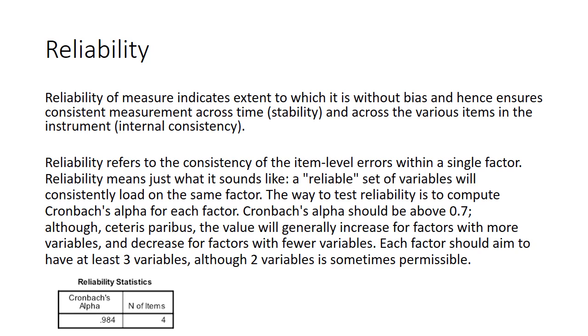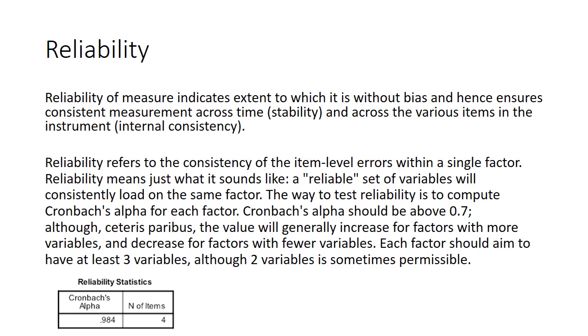When you decrease the items, for example, you have only 4 items, you have 0.984. When you have 10 items, you will have 0.99. So it is saying that when you decrease the items for some reason, your Cronbach alpha value will decrease.